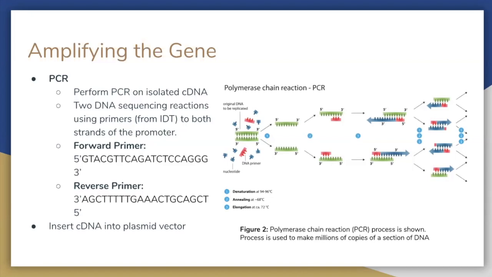So we used primers that were from that gene so that they will work in the mouse once we inject it. And then we will insert the cDNA that is copied from the PCR into plasmid vectors, as well as adding the AMP-R antibiotic resistance marker.